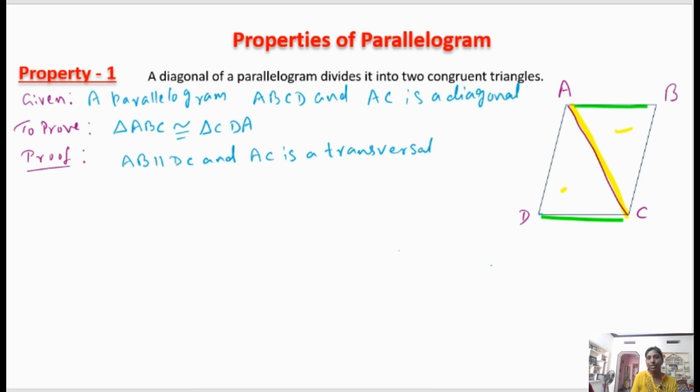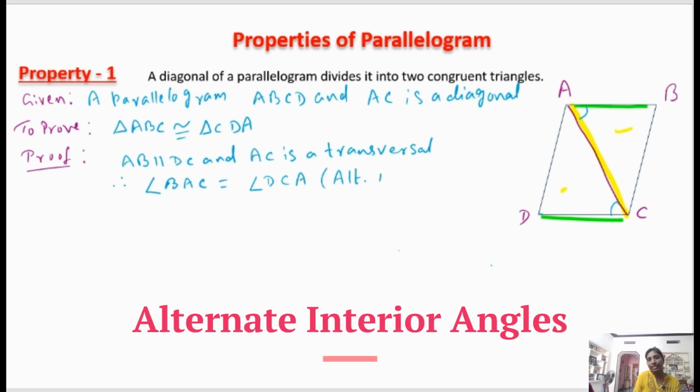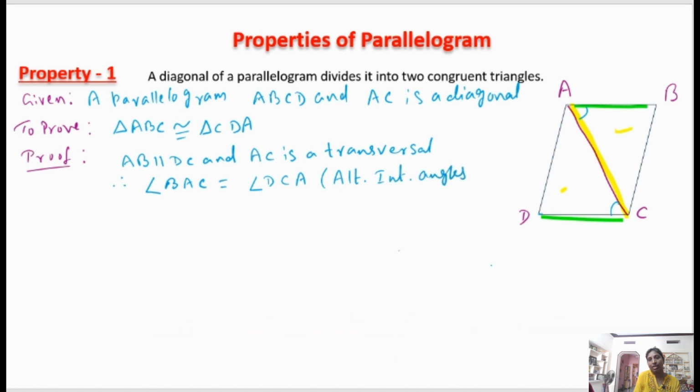So you can say that this angle is equal to this angle. Therefore, angle BAC is equal to angle DCA. What is the reason? Alternate interior angles. Clear?